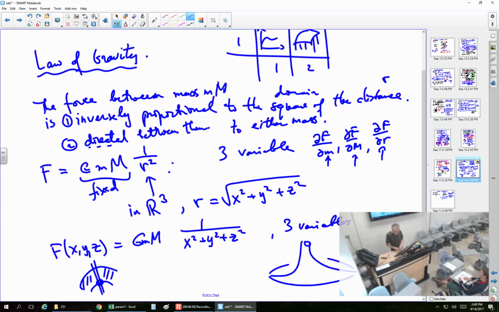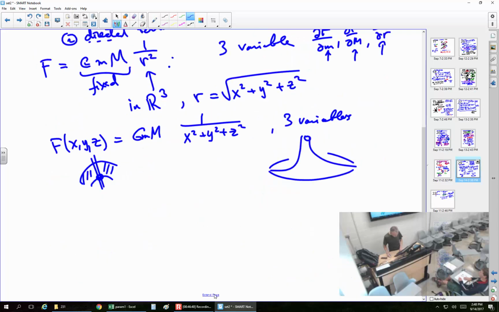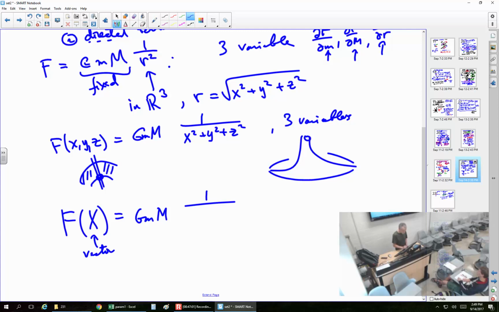Let me do one more thing, and that is to state it in the form of a vector-valued function. So f of x, a vector of 3 variables, equals GMm over what is the denominator? This is the vector of location.